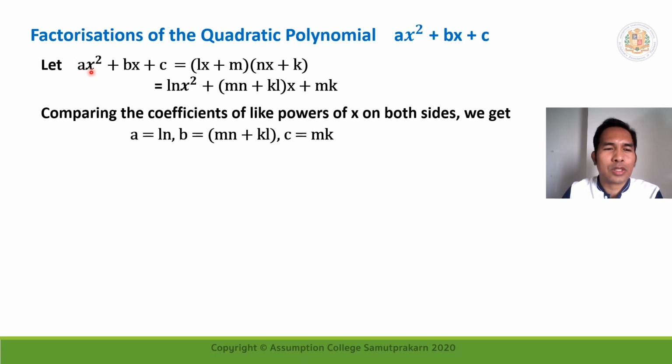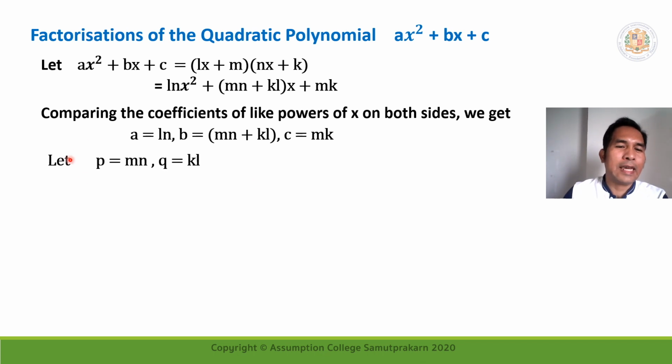When we have x squared on one side, we have ln x squared on the other. And again, we just get the coefficients. So what is the coefficient here of x squared? It is a. How about this one? It is ln. The coefficient here of x is b, while on the other side it is mn plus kl. C is mk. Now, let p equal m times n and q equal k times l.